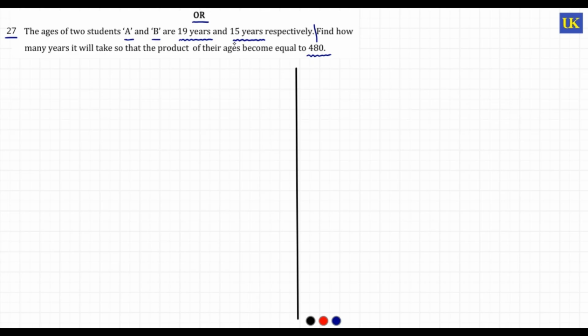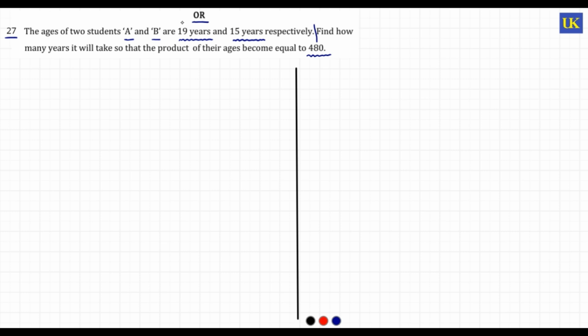But after how many years, what will be the age of A and what will be the age of B, and if that will be multiplied, say for an example, after 3 years, A's age will become 22 and B's age will become 18.